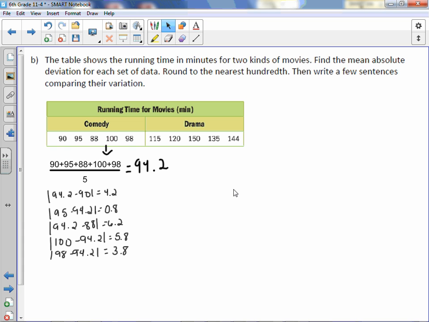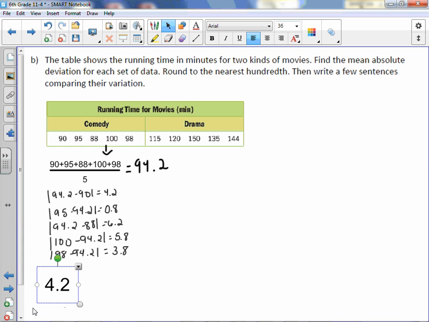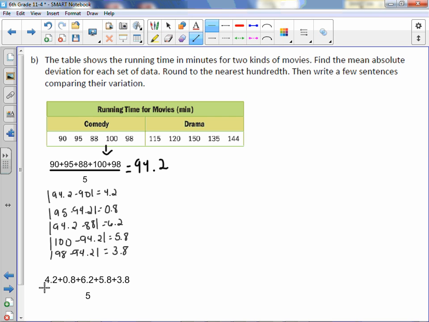Now let's find the average of those numbers. 4.2 plus 0.8 plus 6.2 plus 5.8 plus 3.8, divide by 5. Which means the mean absolute deviation is 4.16.